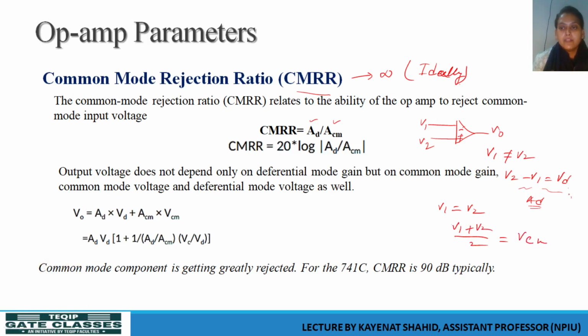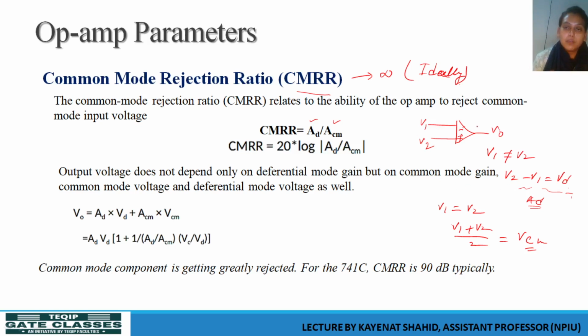Like the differential signal, there is also a common mode signal. So whenever we apply a certain signal, it may have two different components, a frequency component of the same nature and of different nature can be combined in a particular signal.